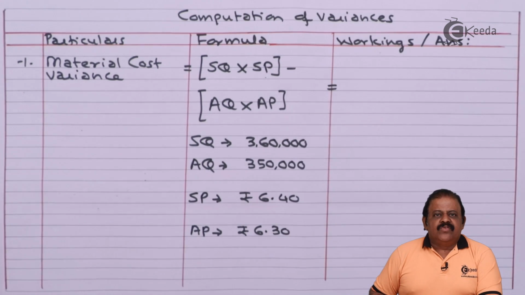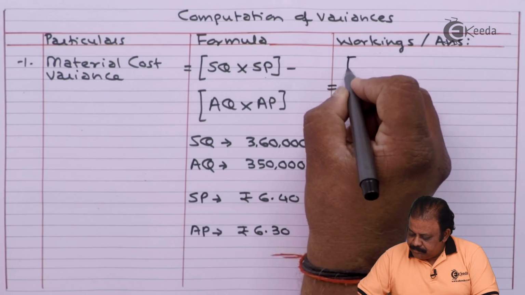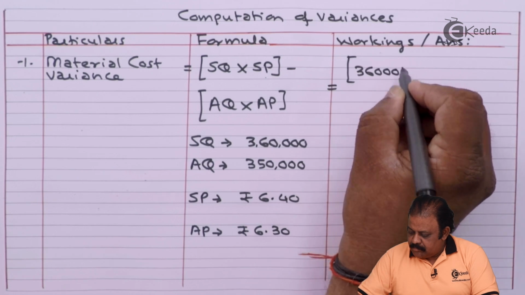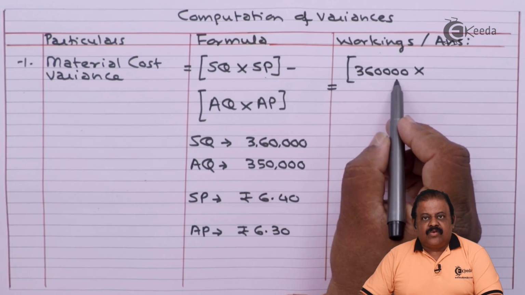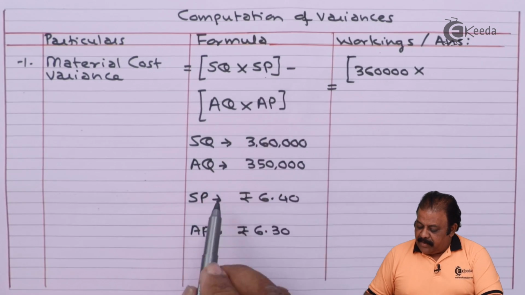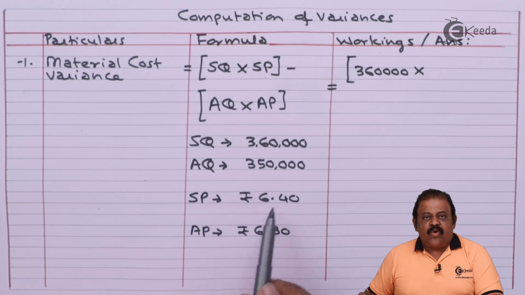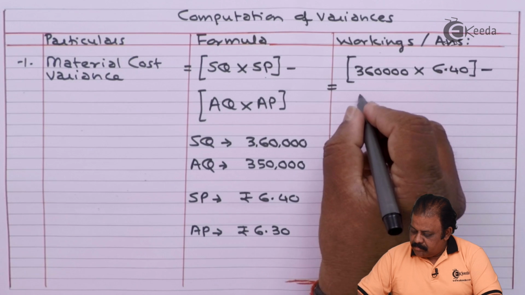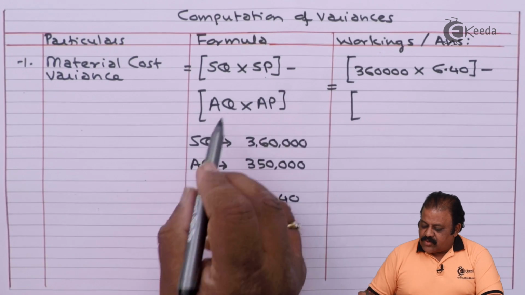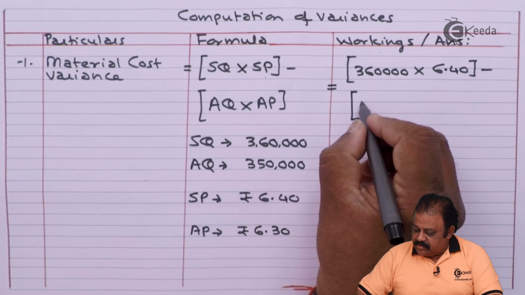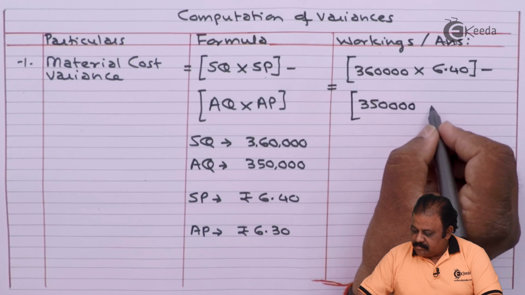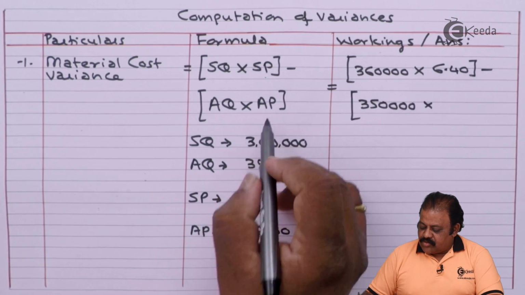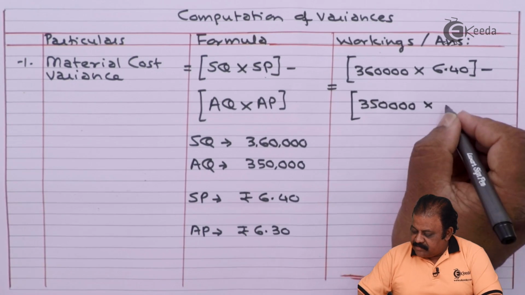We'll put these values in the equation. Standard quantity 3,60,000 multiplied by standard price 6 rupees 40 paise, minus actual quantity 3,50,000 multiplied by actual price 6 rupees 30 paise.